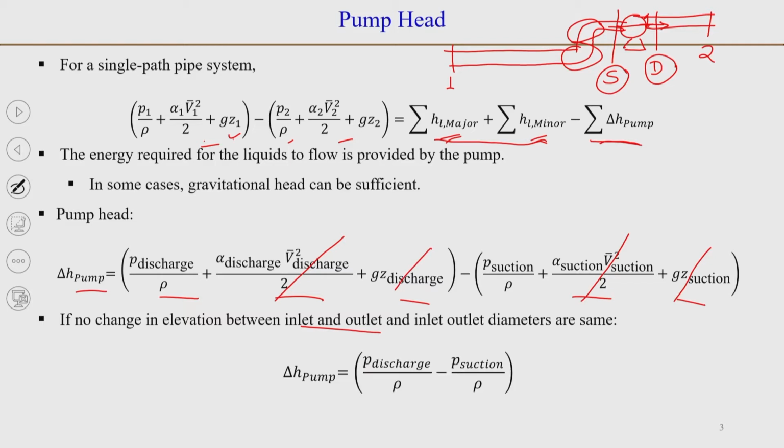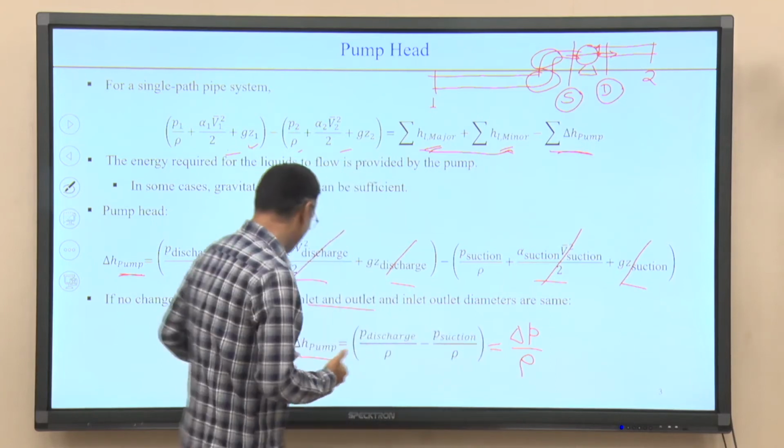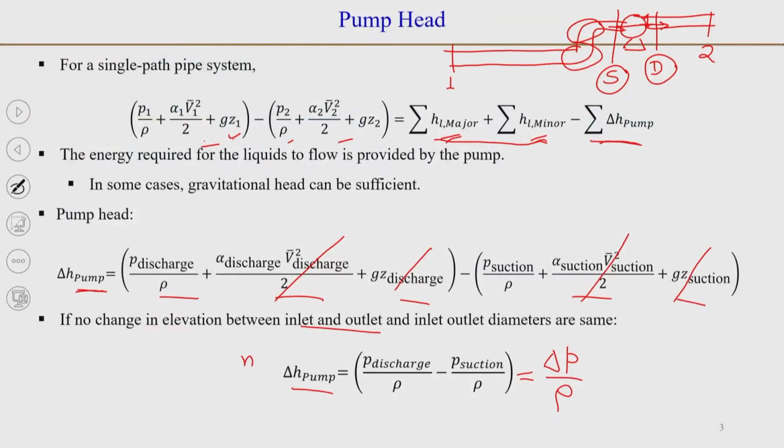So, basically the pump head, or delta H pump, is equal to delta P by rho, where delta P is the pressure at the discharge minus the pressure at the suction. So, pressure rise per unit density is what is head, and this is in terms of meter square per second square.